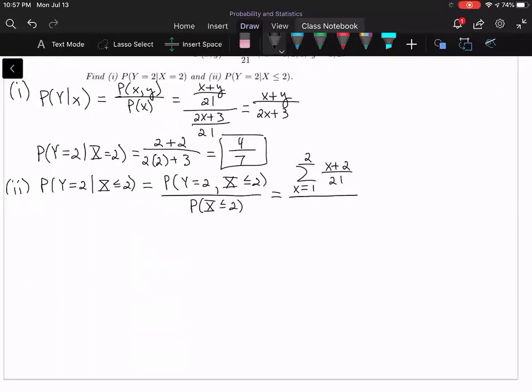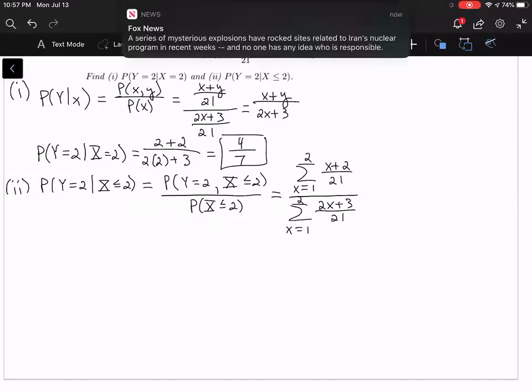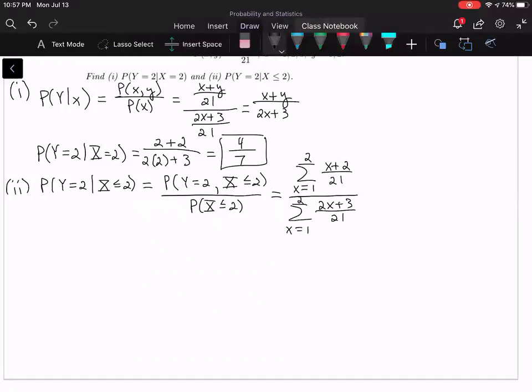This summation is our numerator. The denominator is going to be using our marginal distribution of x, which was (2x plus 3) over 21. And x, again, is bounded above by 2, so it goes from 1 to 2. So for this problem, because we have an interval, at least with respect to the x variable, we have to get the numerator and the denominator separately. So let's go ahead and evaluate them.